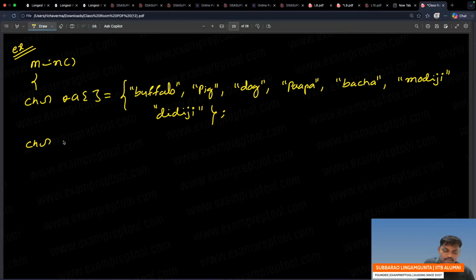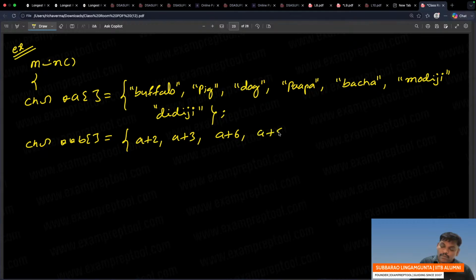char star star b is equal to a plus 2, a plus 3, a plus 6, a plus 5, a plus 1, a plus 4.